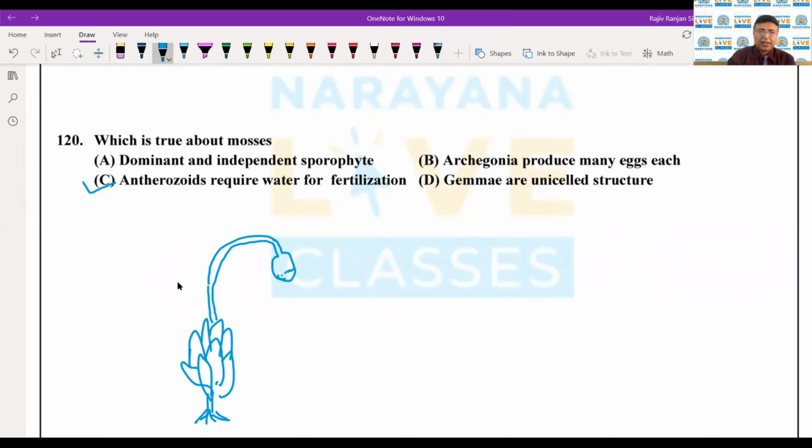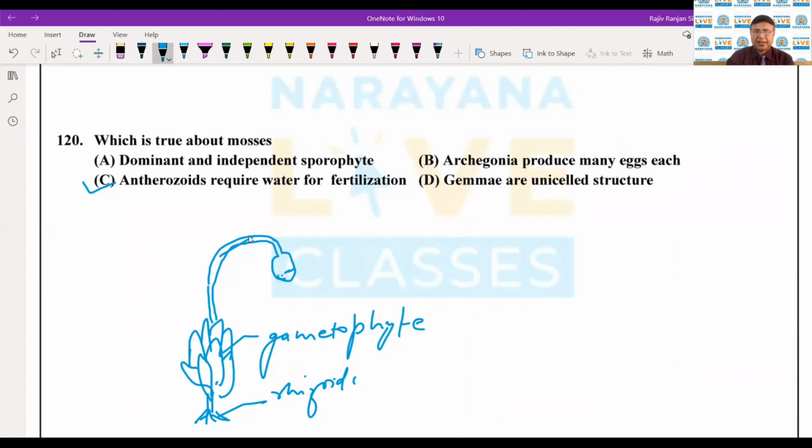So it is the gametophyte. And it is a leafy gametophyte with an axis, and these are rhizoids that we can just see here. This is the sporophyte.